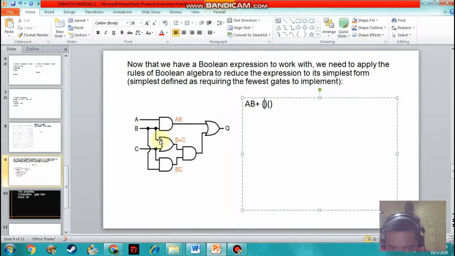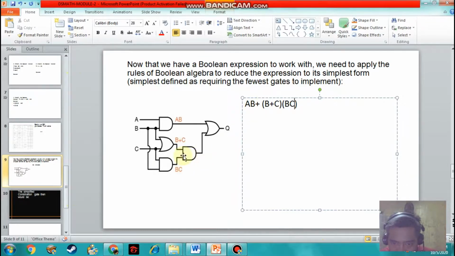So, B, C. Naka-OR sa B plus C. So, B plus C yan. Tapos, yung isa, dito, B tsaka C. Kaso, AND siya, multiplier, multiplication. BC. Kaya, B, C. Diba?